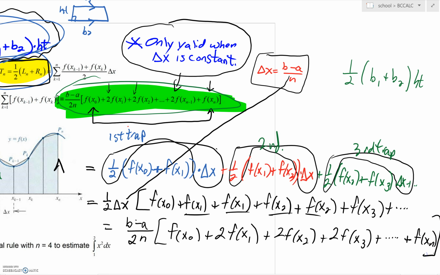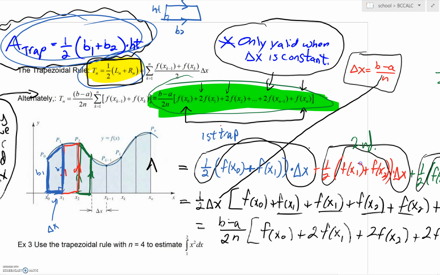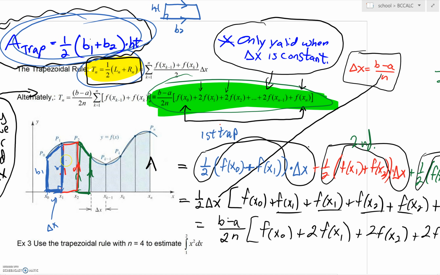And I hope this picture right here will show you, look, in blue and in red, this f of x1 was a base for 2 trapezoids, for the blue trapezoid and the red trapezoid. Look at f of x2. It would be a base for the red trapezoid and the green trapezoid.